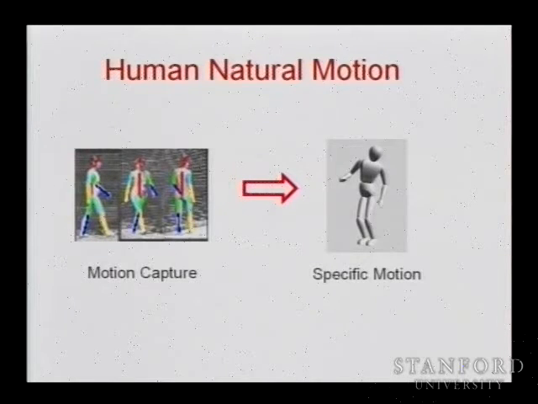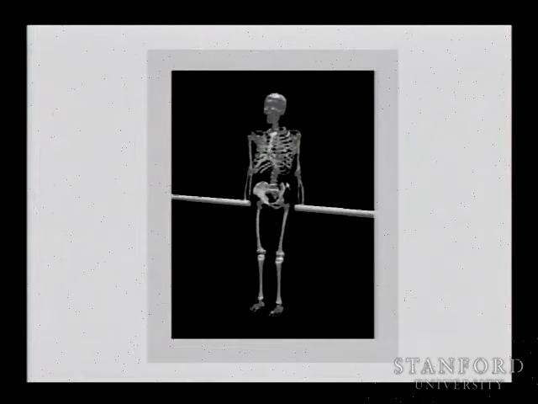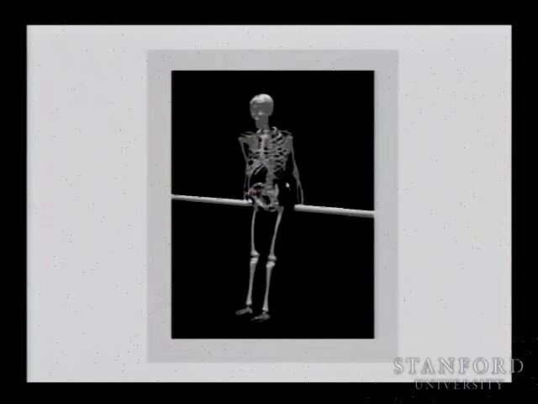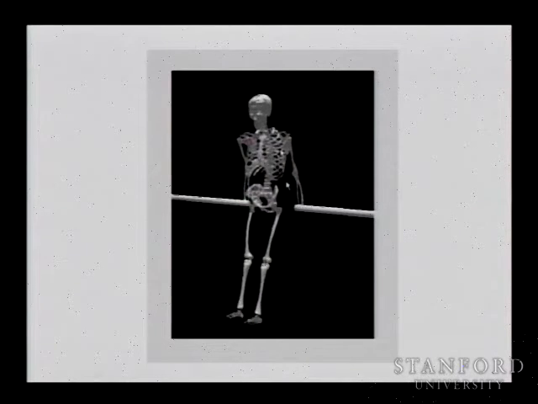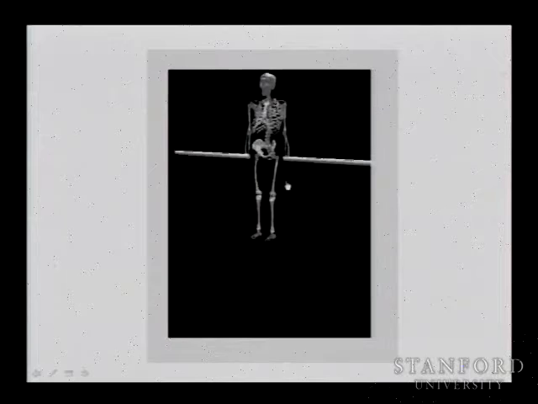And to do that, if you want to generalize, you need to take the motion of the human from motion capture and map it not to the robot, but to a model of the human. So you need to model the human, and modeling the human involves modeling the skeletal system. So we worked on this problem. Now you have a new kind of robot system with many degrees of freedom, about 79 degrees of freedom.